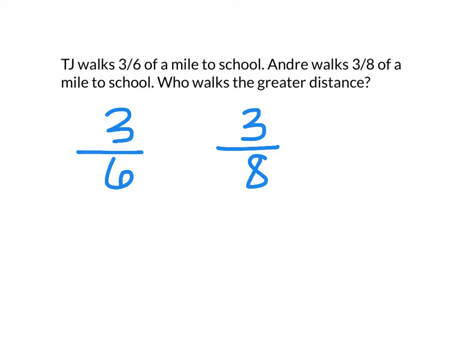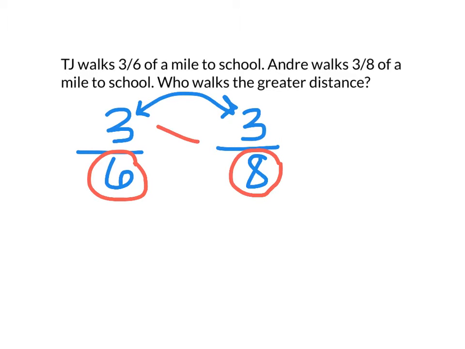Last week, you told me that when the numerators are the same and I'm trying to compare them, I have to look at the denominators. The bigger the denominator, the smaller the piece. So if I have 3/8, that means I have 3 smaller pieces than if I have 3/6. So I could say that 3/6 is greater than 3/8.